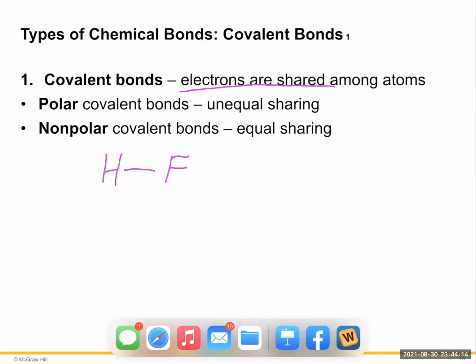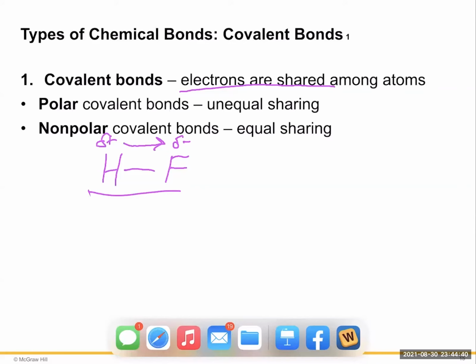It's how much something wants an electron. Fluorine is the most electronegative element, so it pulls the negative charge this way. So this is a little bit minus and this is a little bit plus, because electrons are negative. If we pull them towards something, it becomes more negative; if we take them away from something, it becomes more positive. So that's a polar covalent bond.